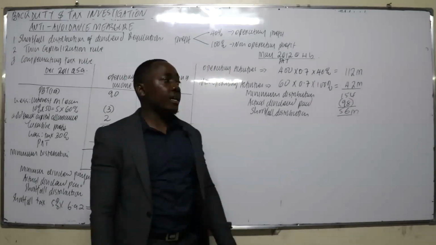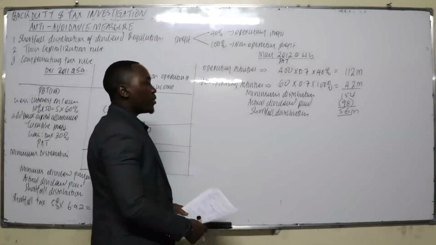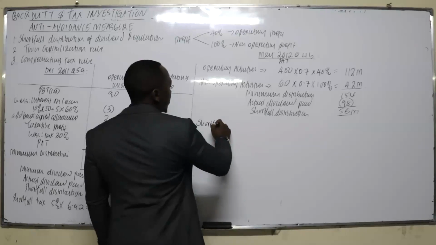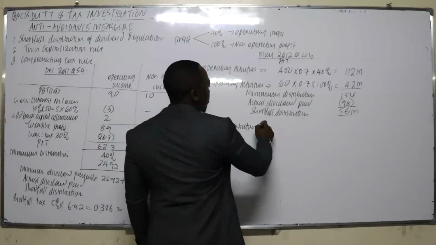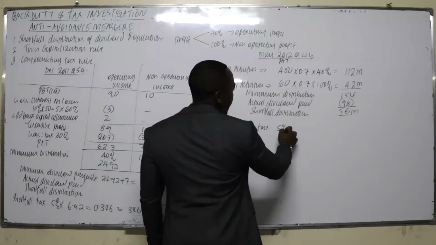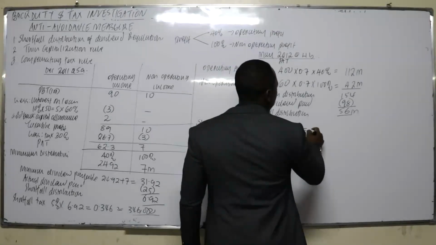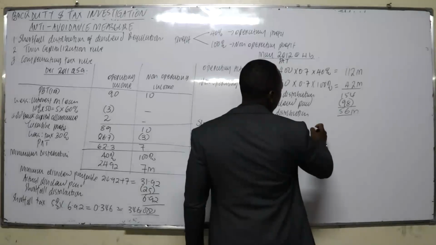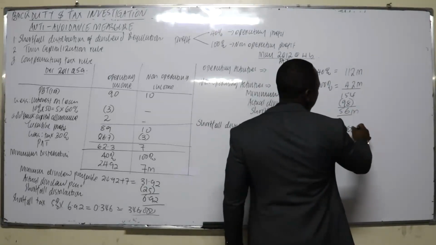So for the government to recover the withholding tax now remaining with the company, that's how they charge the shortfall distribution tax. Shortfall distribution tax of 5%, which is equivalent to the withholding tax, of 56. 5.6 divided by 2, you get 2.8, right? 2.8 million.